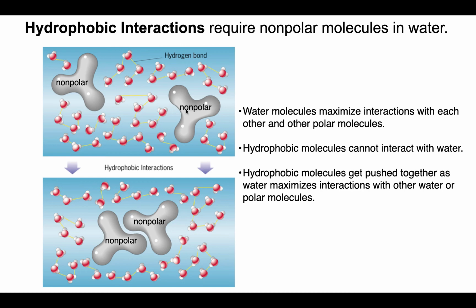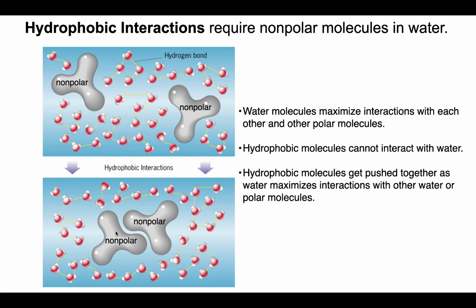nonpolar molecule is nonpolar, because it can't interact with water, these molecules get excluded from the water-water interactions. And because they're excluded from those interactions, they sort of lump together. Now, there's nothing inherent about sticking these two things together.